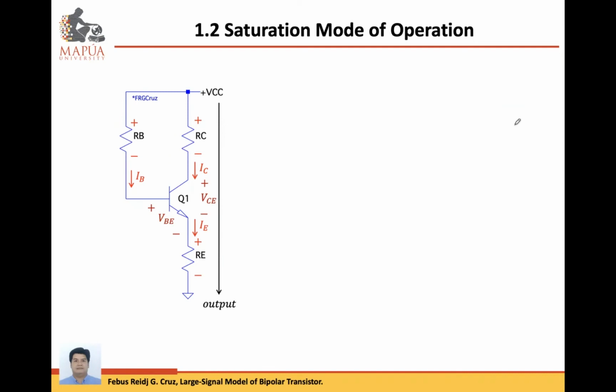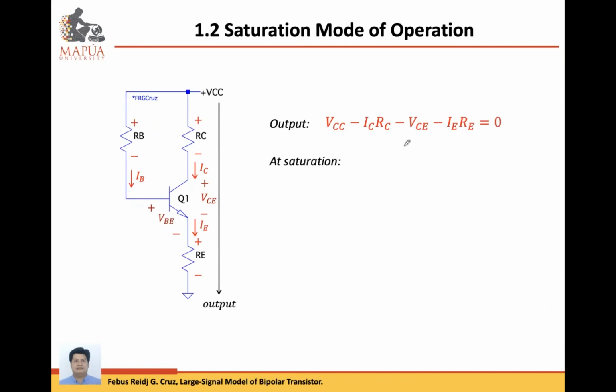Alright? So to know how much is that maximum output current, we are going to apply the saturation mode. So to do that, we are going to get the voltage loop at the output circuit. So at the output, the voltage loop would be VCC minus ICRC minus VCE and then minus IERE.